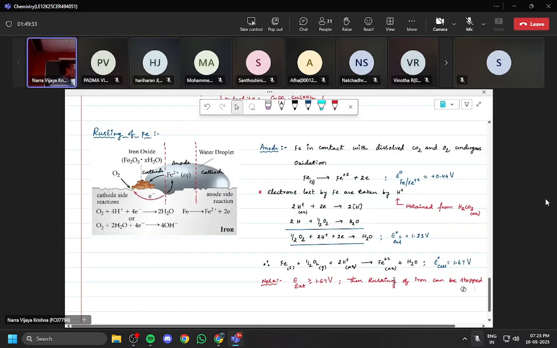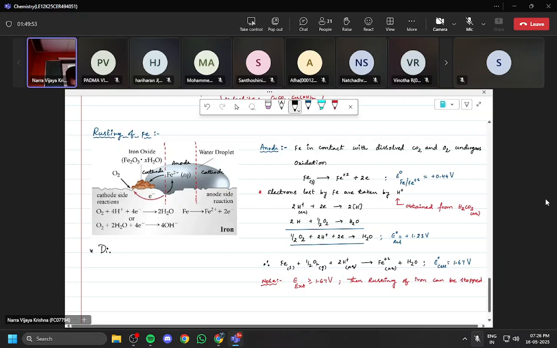Now, instead of carbon dioxide, if the amount of oxygen dissolved in water is high, then... If carbon dioxide dissolved is high, you get H2CO3, therefore the solution became acidic, therefore this reaction happened. Instead, if atmospheric oxygen dissolved is high, what happened?